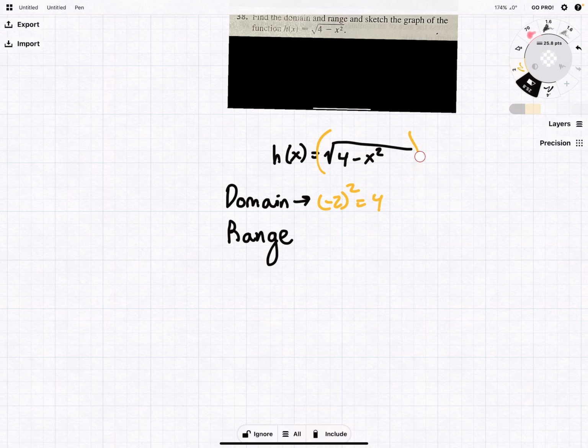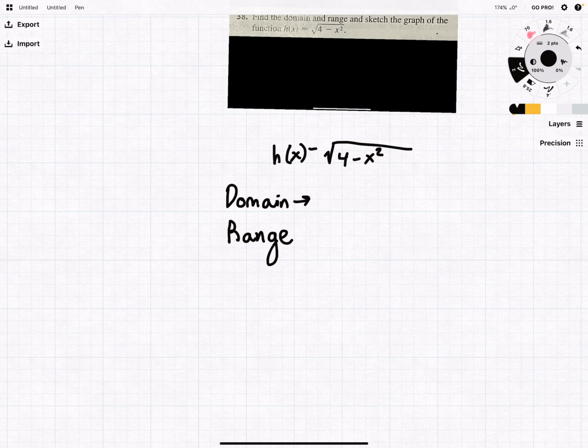So we know that in the negative direction, -2 is as far as we can go for our domain. And because x is squared, and it'll always give us a positive value when you square it, that goes for the same in the positive direction.